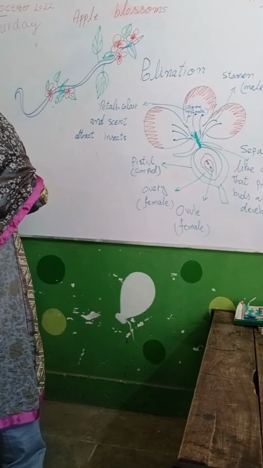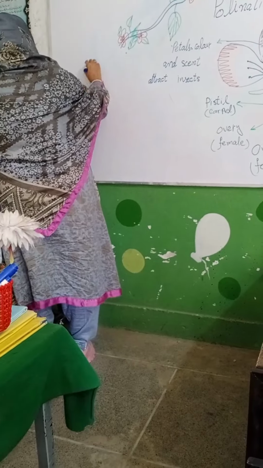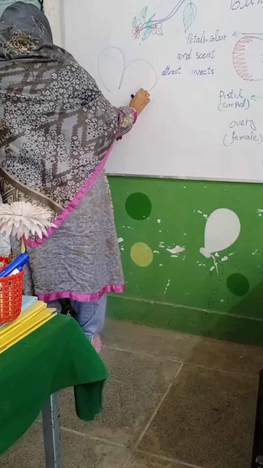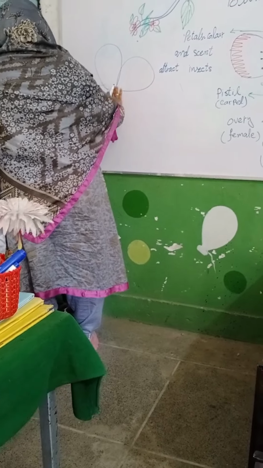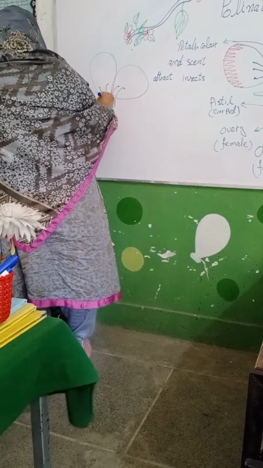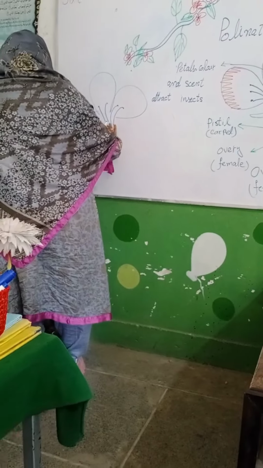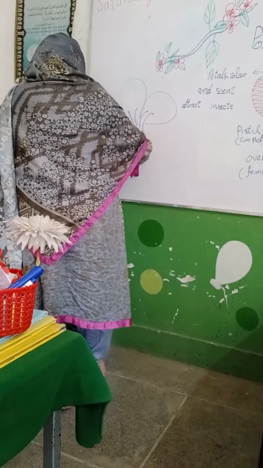A flower's shape, color and smell are designed to transfer male pollen grains to the female parts efficiently. Pollen is mainly transferred by insects or wind.